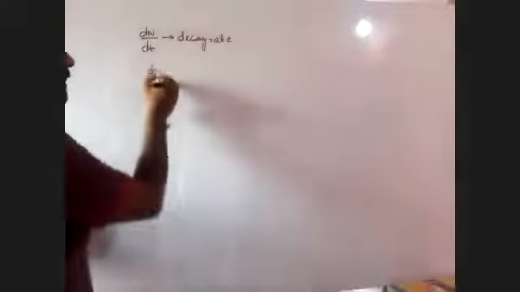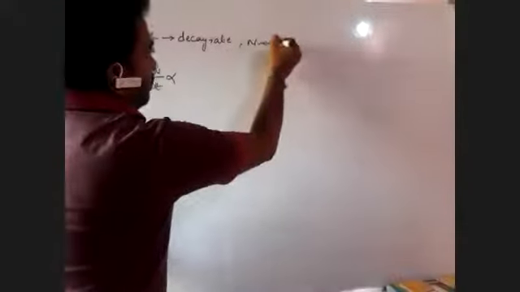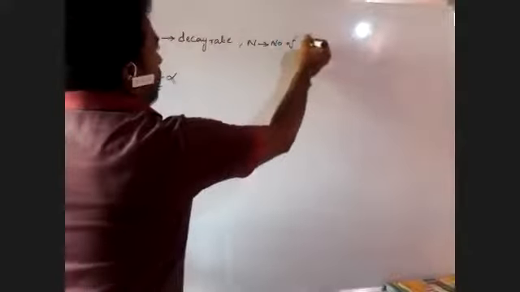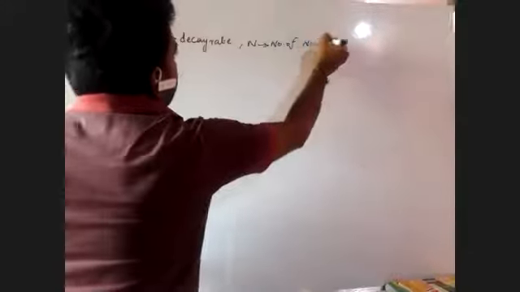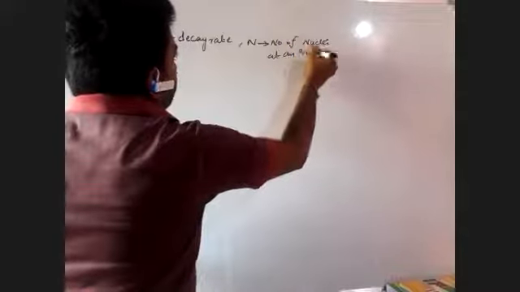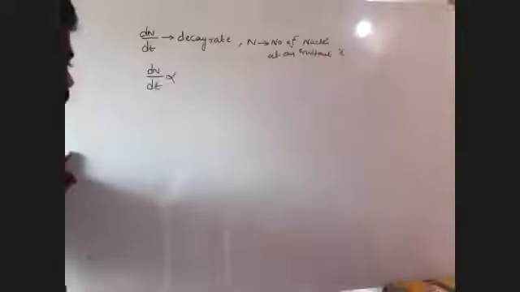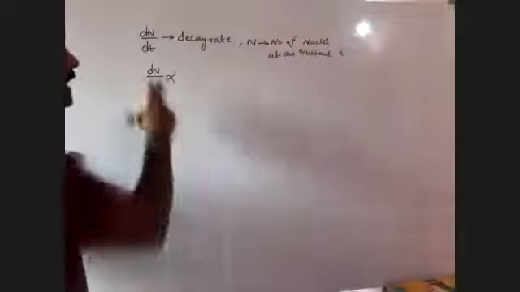This dN by dt is directly proportional to N, the number of nuclei present at an instant. At time t, the number of nuclei is N. As per the definition, dN by dt is directly proportional to the number of nuclei present at that time.